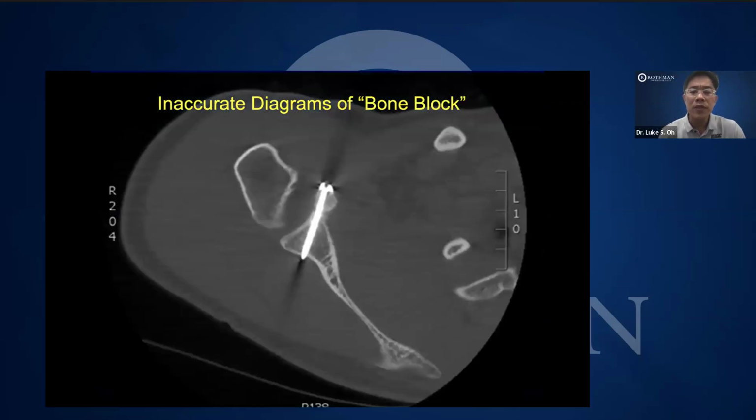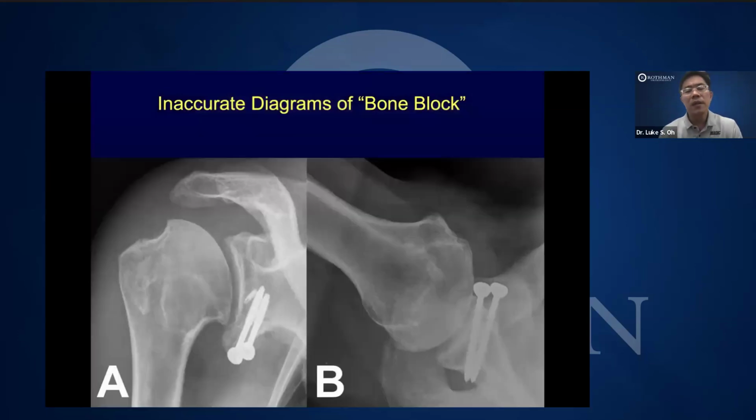So here's a situation where truly a bone block was created. And if you follow these shoulders, you can see how quickly they develop arthritis. And so that's not the desirable way to technically perform the surgery.